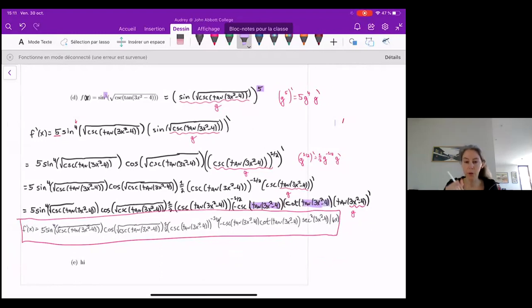And then I'm pulling out the derivative of tangent of 3x squared minus 4, which is secant squared of 3x squared minus 4 times 6x. So that's another chain rule in itself. Good, I didn't write the negative twice. Good. So anyway, these started off with that 5g to the 4th.